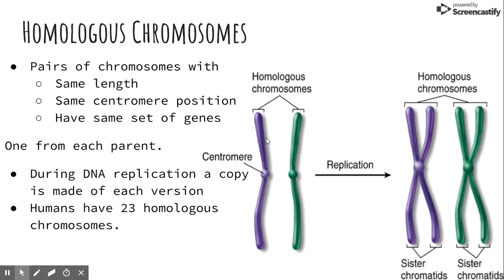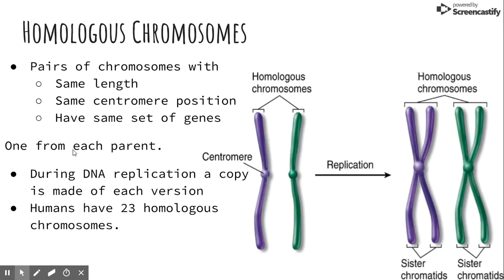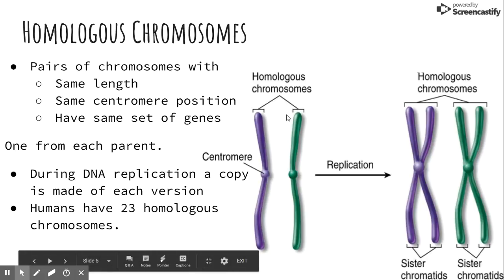Not that we'll necessarily get the same version. Let's say we're talking about hair color. This chromosome could have information for blonde hair. This chromosome could have information for brown hair. They're both talking about hair color, but they're different varieties of hair color represented. The reason that we can have different varieties of a chromosome is because we get one chromosome from each parent. So we have the version we got from mom and the version we got from dad.